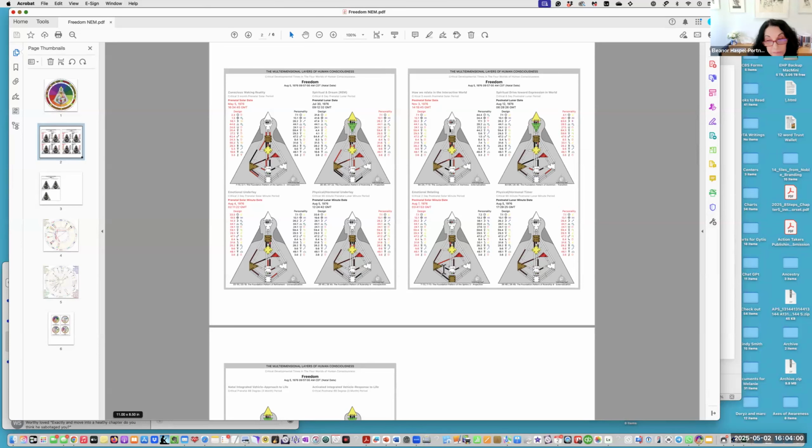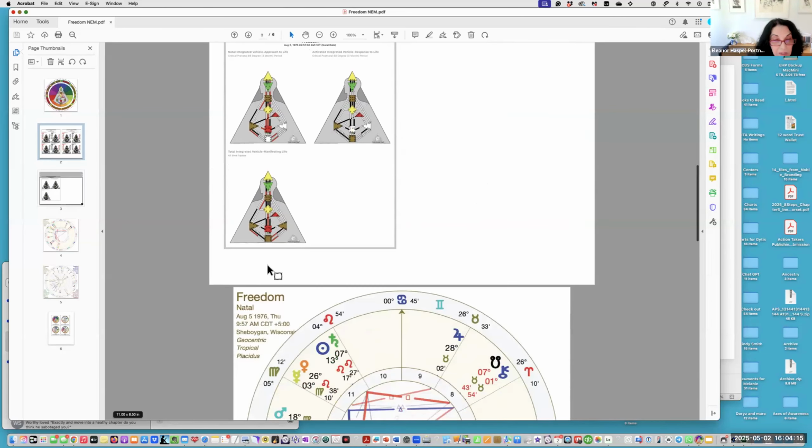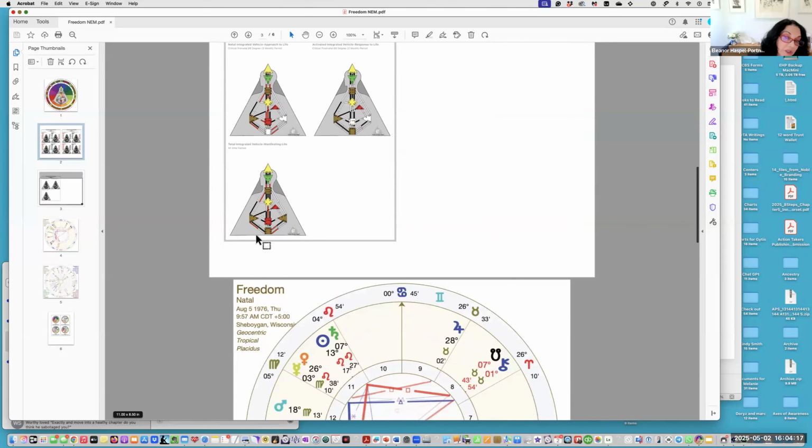For you, though, the 49/19 comes in between the emotional world and the spiritual world, and it connects up in the integrated to your splenic center.